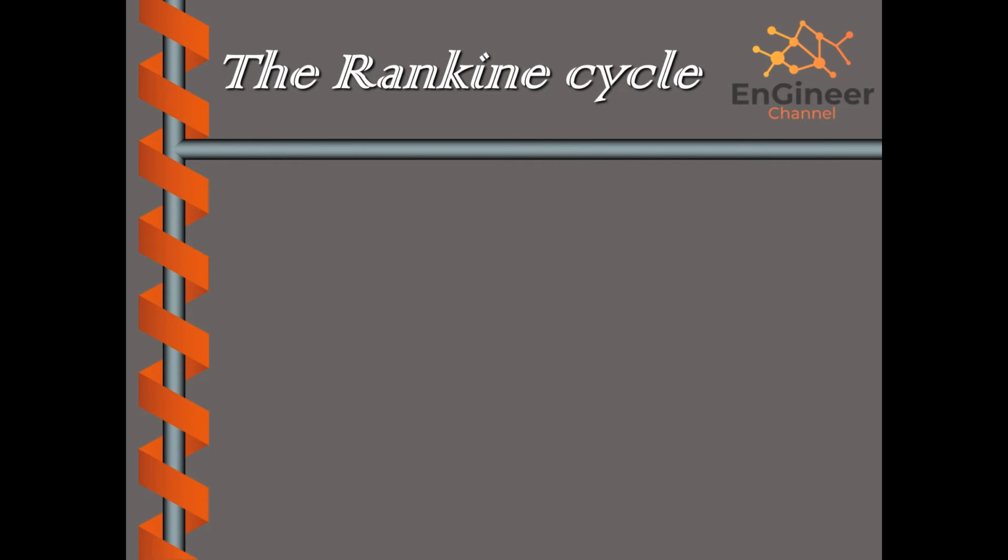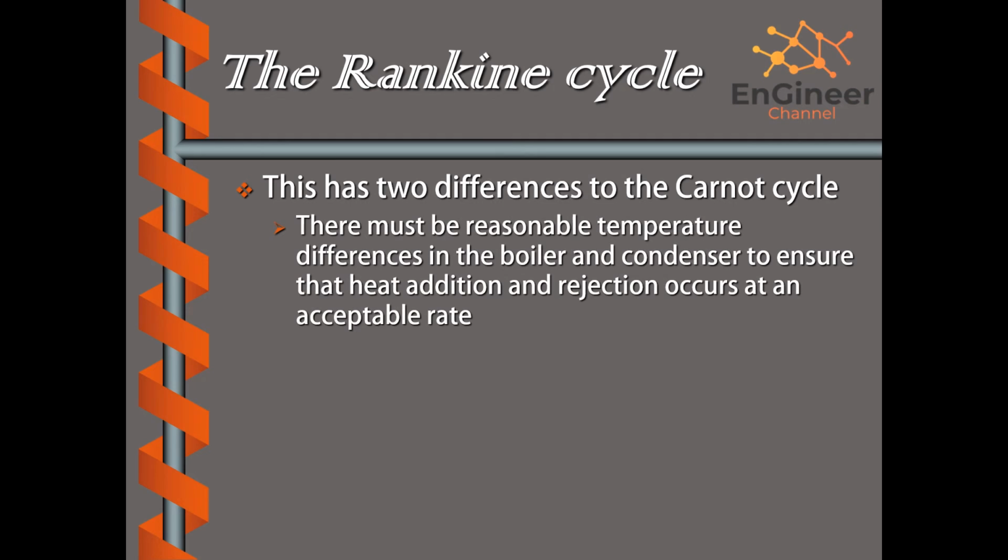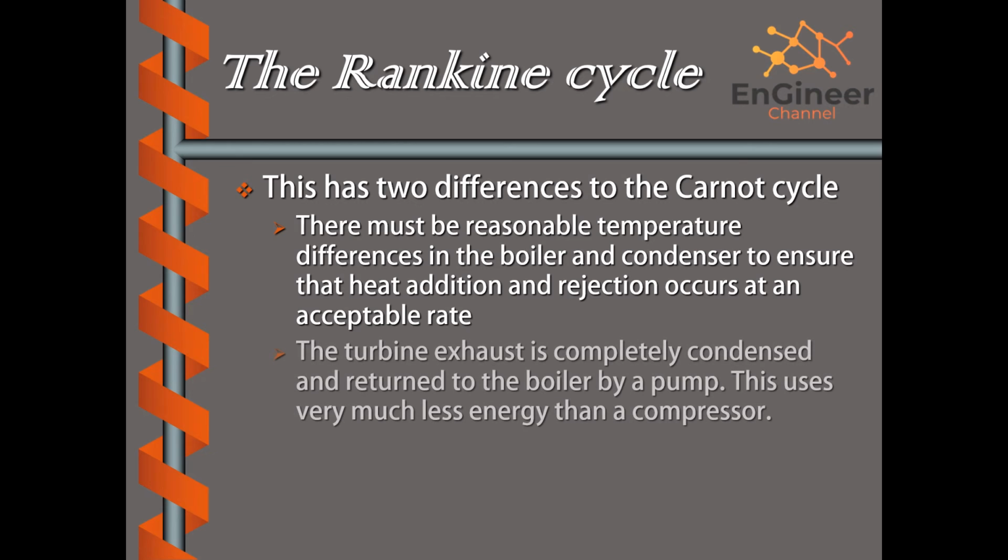Discovering now the Rankine cycle. This has two differences from the Carnot cycle. There must be reasonable temperature differences in the boiler and condenser to ensure that heat addition and rejection occurs at an acceptable rate.